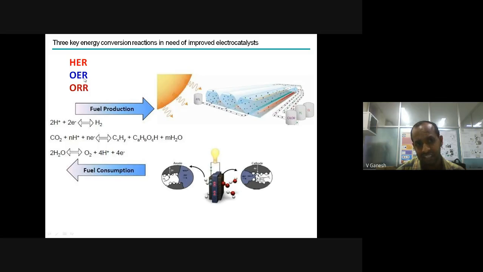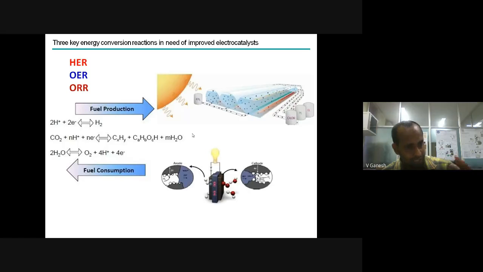So the oxygen evolution reaction is a limiting step when you use water as a solvent or water as an electrolyte. And when you scan the potential in the reverse direction, initially there would be oxygen reduction reaction, okay?